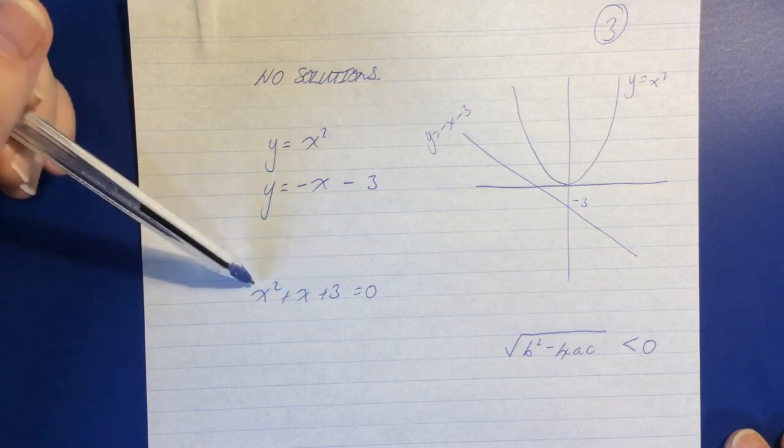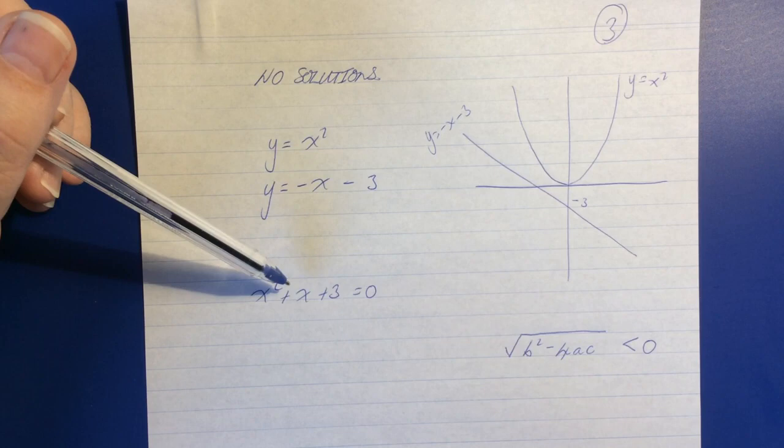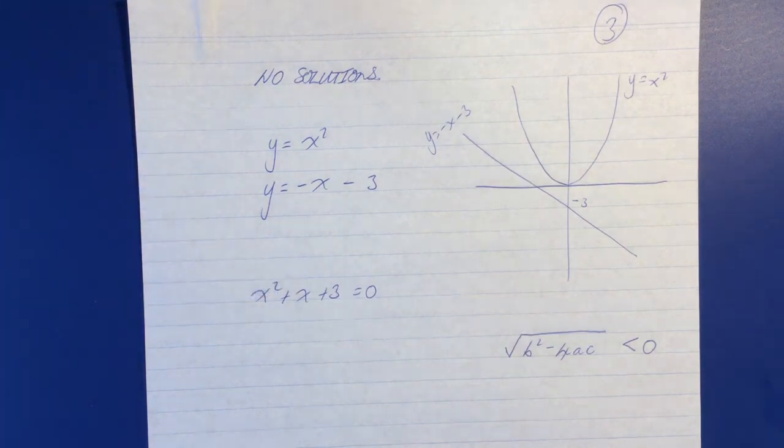This is not easily solved. What are the factors of 3 that add to 1? Well, I defy you to find those quickly. So we're looking to solve this using the quadratic formula or by completing the square.